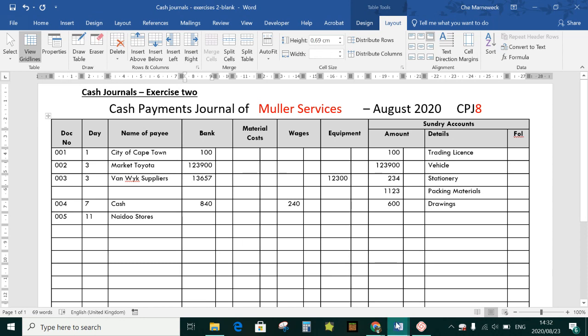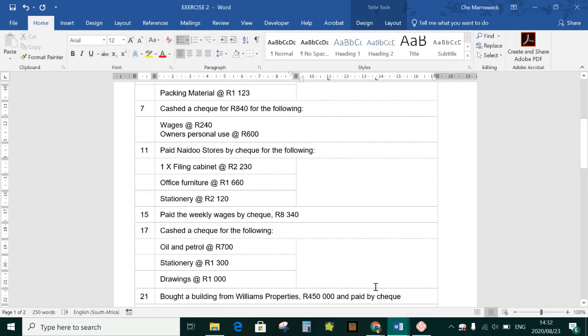We need to calculate that value now. So we're going to add 2,230 plus 1,660 plus 2,120. That will give us our total value.